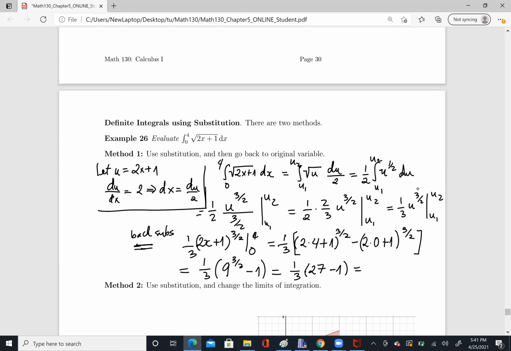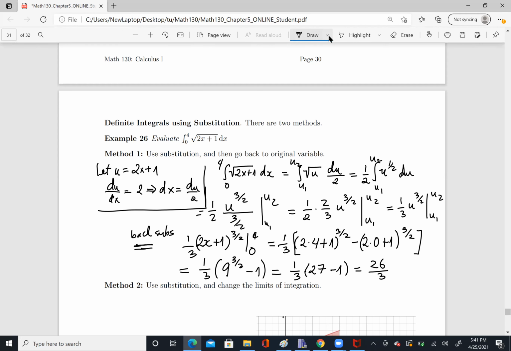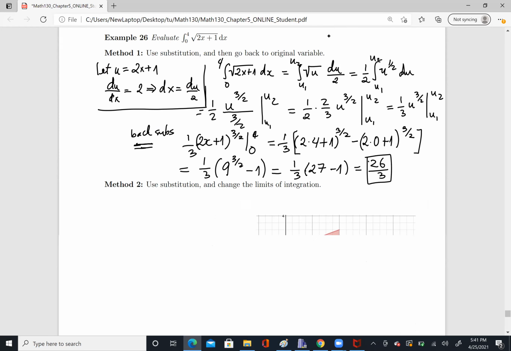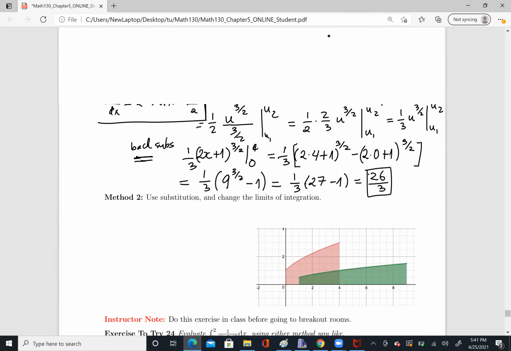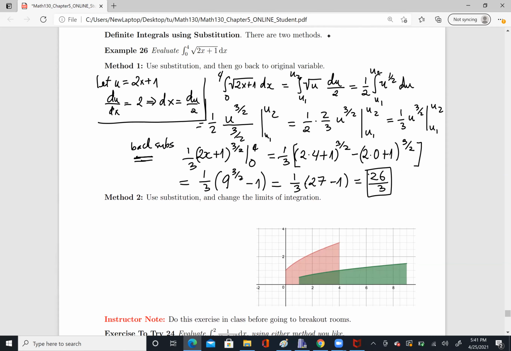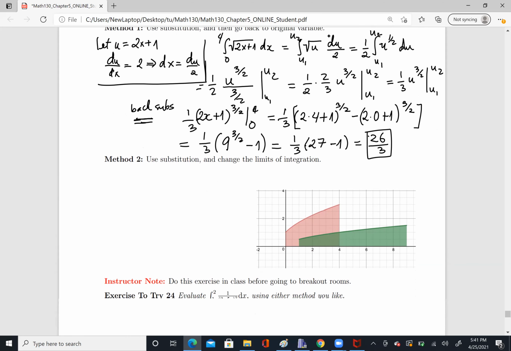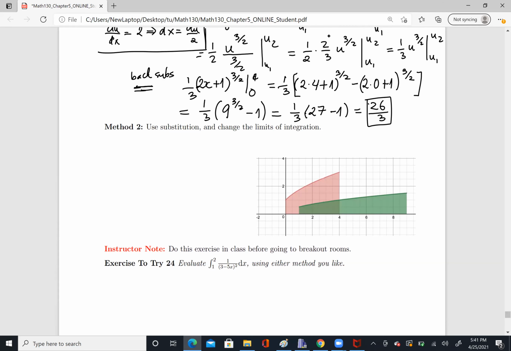And then finally you will get 26/3 as the answer. Okay, that is method number 1, as you see. Basically, I don't change the interval, the limit. Now I will use substitution, and I will also change the limit of the integration.